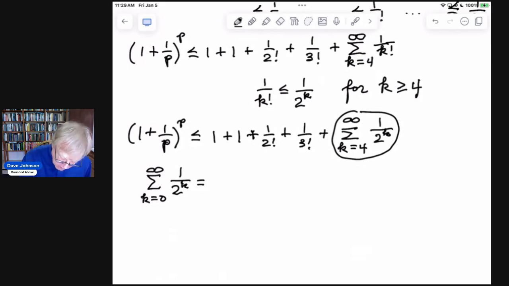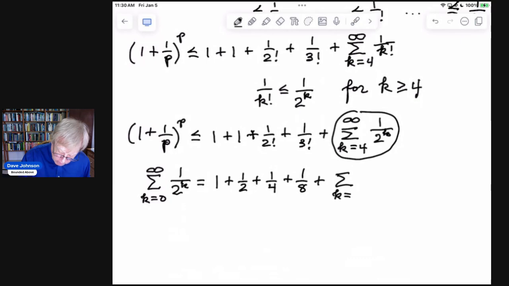If k is 0, we get 1. If k is 1, we get 1/2. If k is 2, we get 1/4. And if k is 3, we get 1/8. And then plus our summation, k equals 4 to infinity of 1 over 2 to the k.